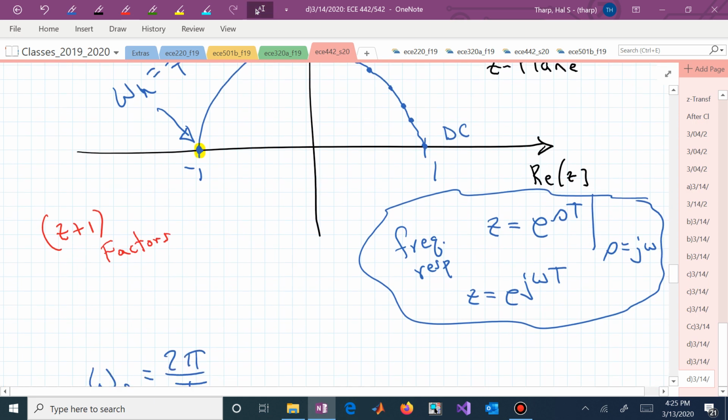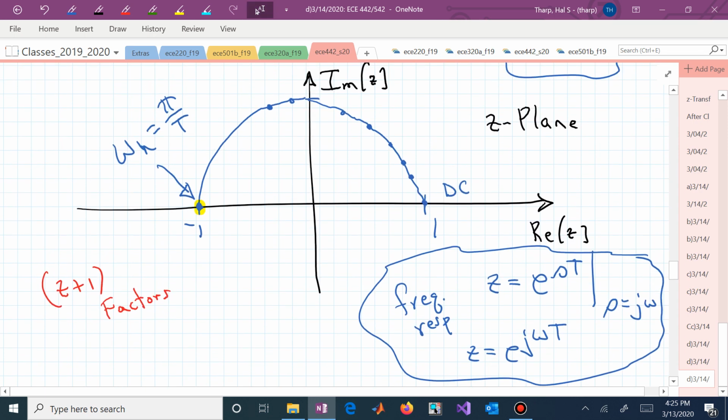DC is going to be consistent in the z-plane with z equal to 1. Why is that? Well, here's our frequency response in the z domain. z is equal to e to the sT, where we're replacing s with j omega.